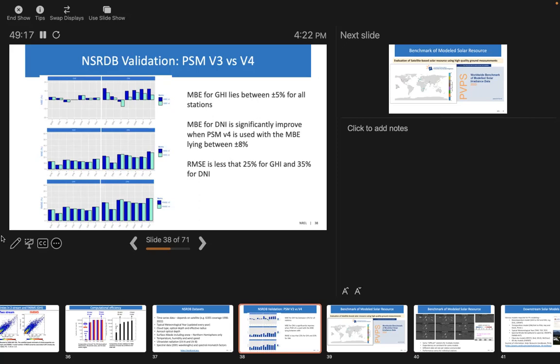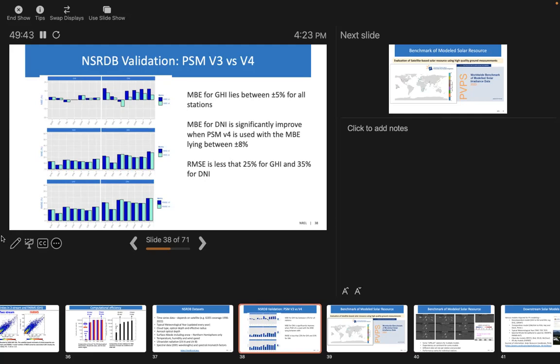This is the DNI. DNI, of course, has a little lower accuracy, the main reason being that the satellite sees 2 kilometers and a ground measurement is a point at the ground. It's apples and oranges a little bit, so there's more uncertainty there. But nevertheless, what I can say is the satellite data is pretty good. You could use it, it's available. Oh, the y-axis is just percentage.